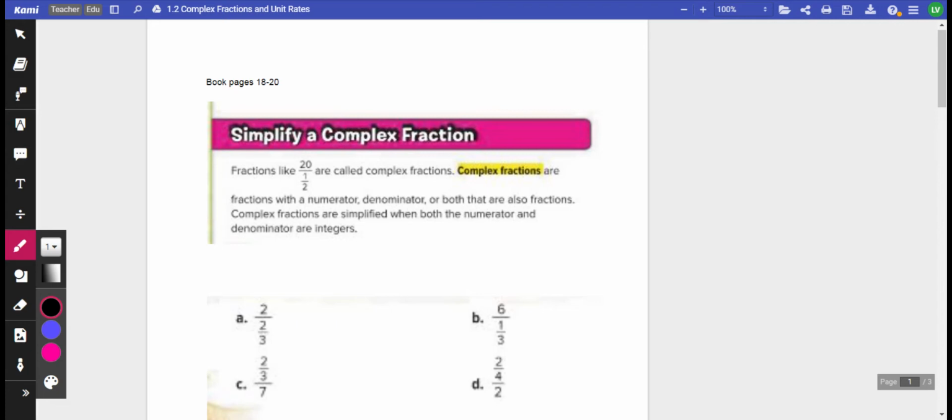Complex fractions are simplified when both the numerator and denominator are integers. So what that means is, if you have the fraction of 5/4, number 5 is in the numerator, which is an integer, a positive or negative whole number, and number 4 is in the denominator, which is an integer, a positive or negative whole number.